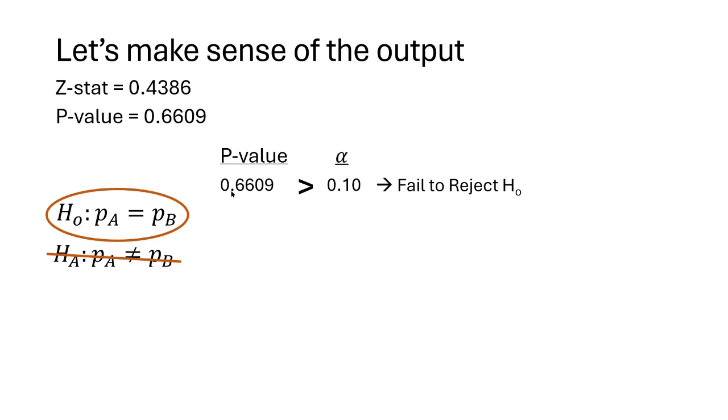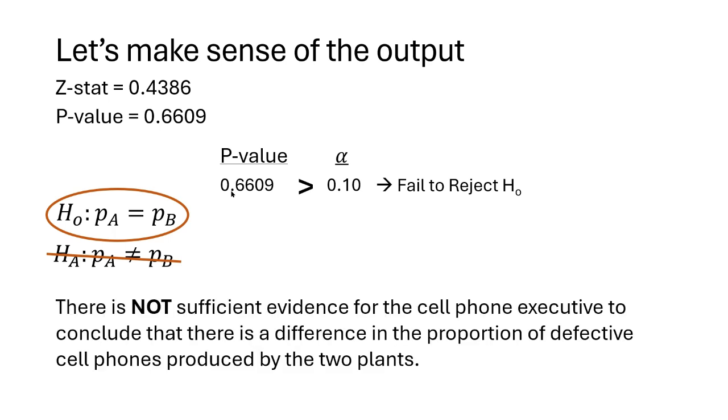So when I go to write a statement about this, I see that there is not sufficient evidence for the cell phone executive to conclude that there is a difference in the proportion of defective cell phones produced by the two plants. That sounds a little bit wordy, but I'll be honest, I borrowed a lot of the language for this statement from the actual question that was given to us a slide or two prior.